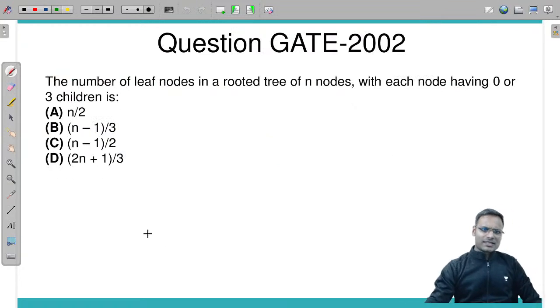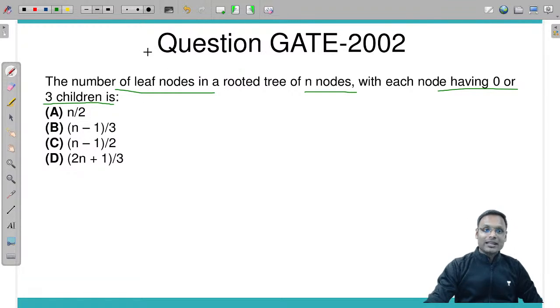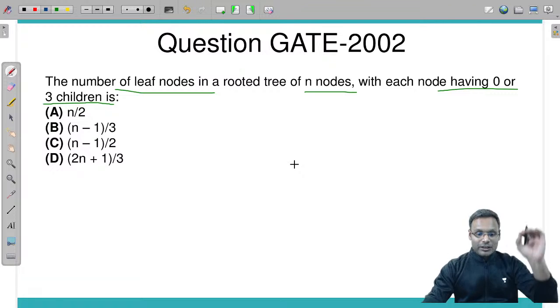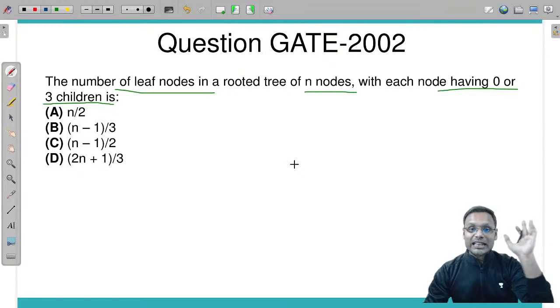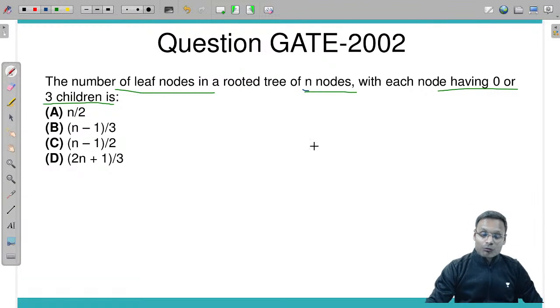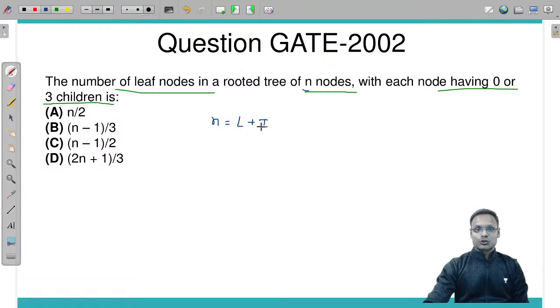Now this question says you have total n number of nodes, in which some nodes are having 0 children, some nodes are having 3 children. How many leaf nodes can we have? We want to get the number of leaf nodes when the total number of nodes is n. We know that total number of nodes n is equal to total number of leaf nodes plus total number of internal nodes.